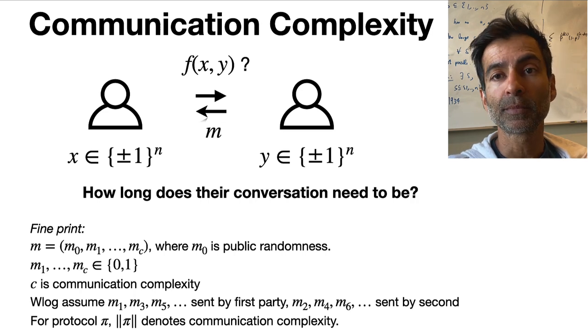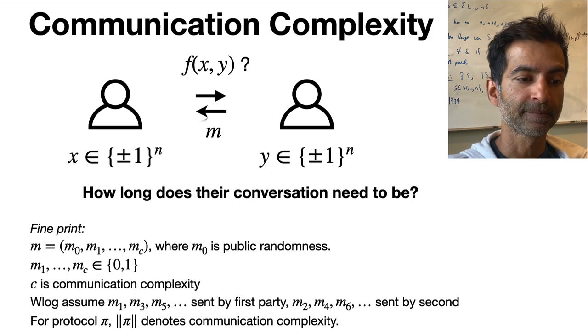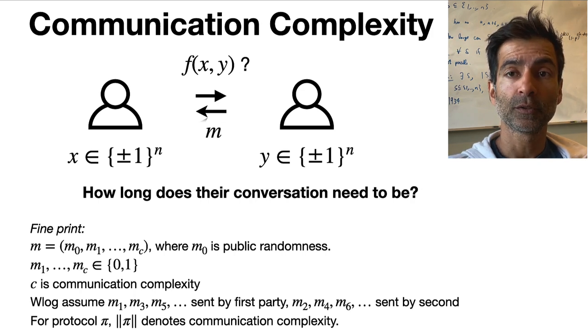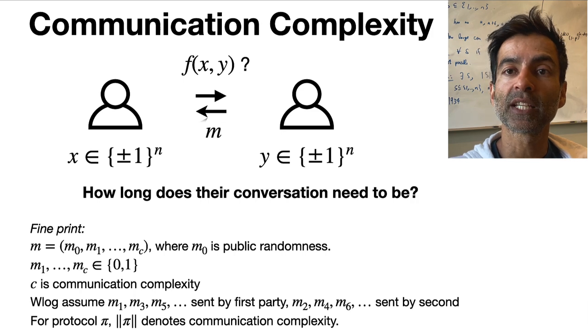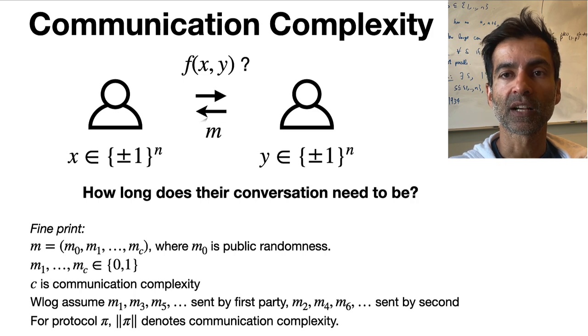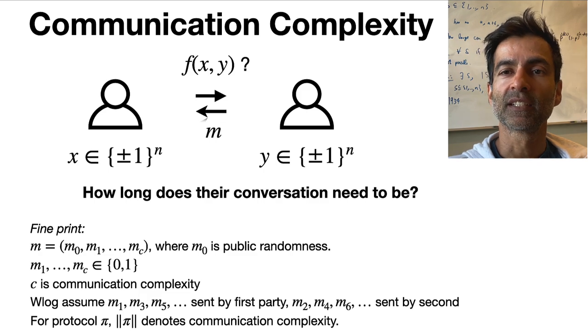And they're trying to compute some joint function f of their inputs. In order to do this, they come up with a protocol that describes how they will communicate messages back and forth about their inputs. And these messages should determine the value of the function f. The measure we're interested in is the length of the conversation that they need to have in order to compute f.